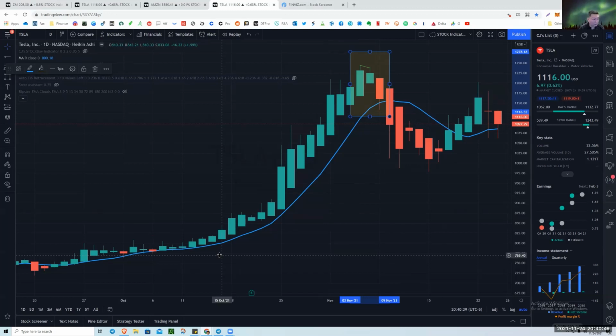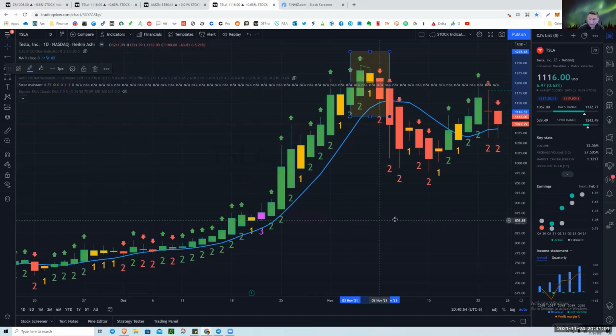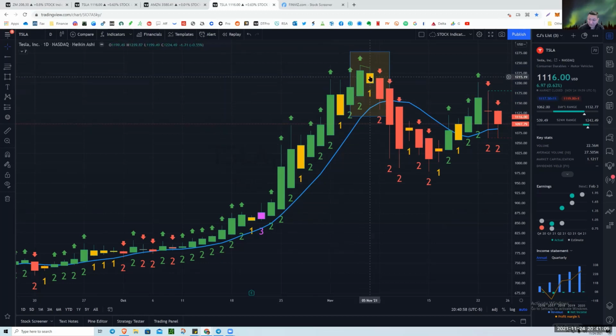It's a bearish reversal. Are you guys familiar with the strategy? Somewhat. Okay. So if I click the strat assistant, this is what it gives me. It gives me the 2-1-2 formation, and that 2-1-2 is a bearish reversal.